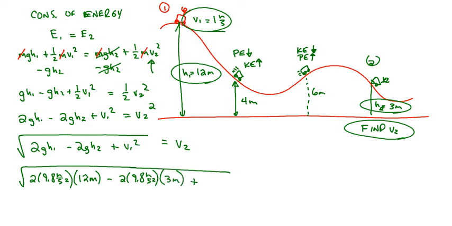And then the velocity at the top there would be 1 meter per second, and I do have to remember to square that. Okay, so it's calculator time here, but I think you can see that wasn't terribly painful.